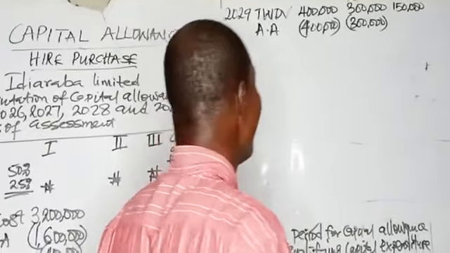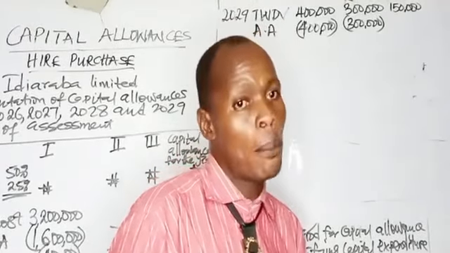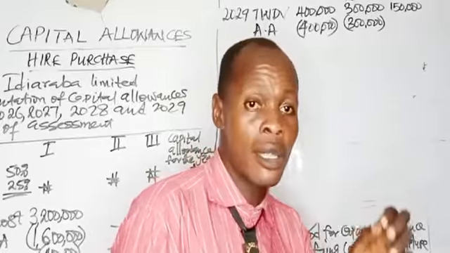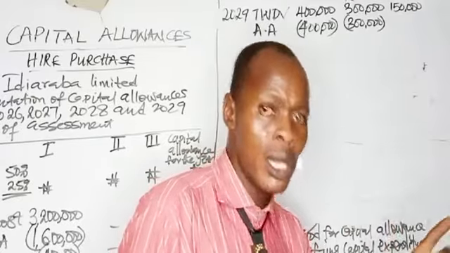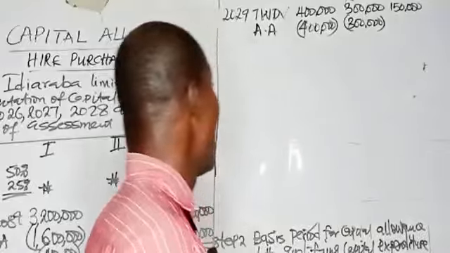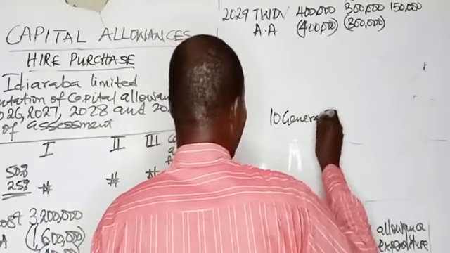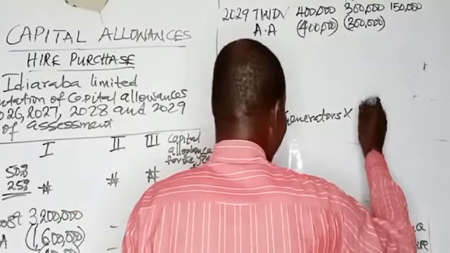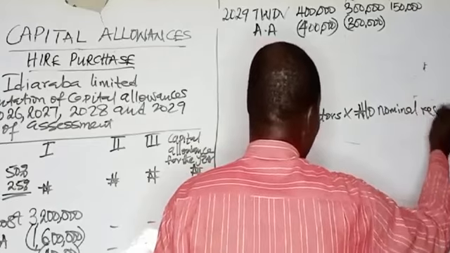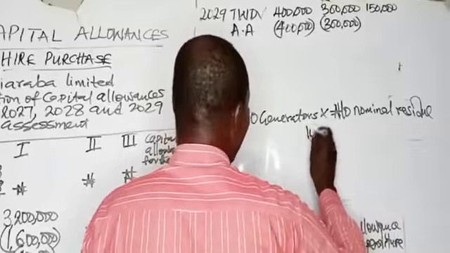But if you put 150,000 here, the assets will be lost completely. In order to prevent the assets from being lost sight of, a nominal residue of 10 naira must be retained. And you have 10 generators based on the question, so 10 generators times 10 naira nominal residue, that will be 100 naira.